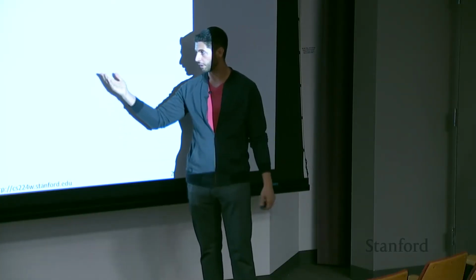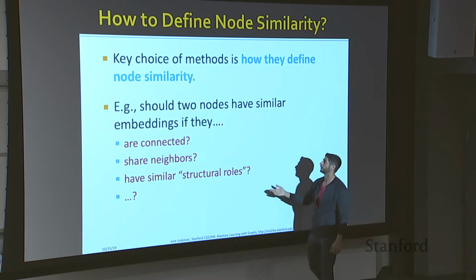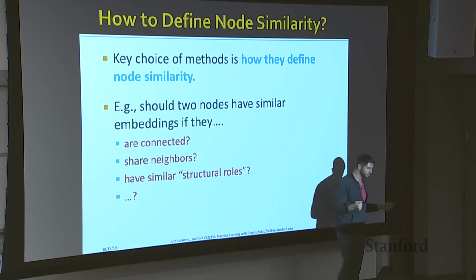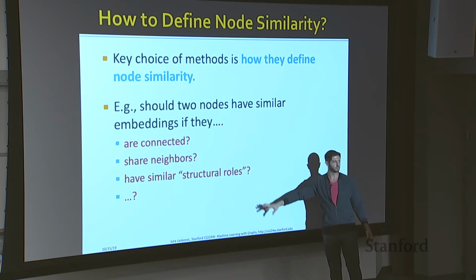Or you might want to check the structural roles of the nodes, and many other things that you can also try to play with during your project. For example, you could think of two nodes as similar to each other if they belong to the same community, or if you have some external domain knowledge about your graph that will tell you if two nodes share a feature, for example, okay? Or maybe they've been generated at the same time. So you can get as creative as you want on this part, okay?